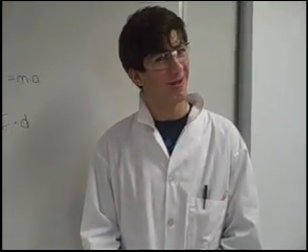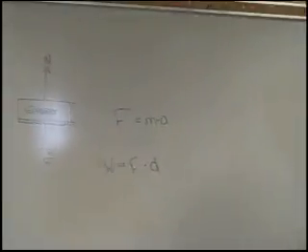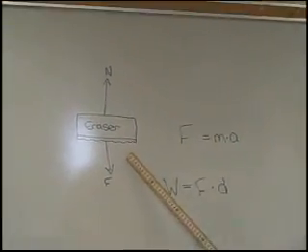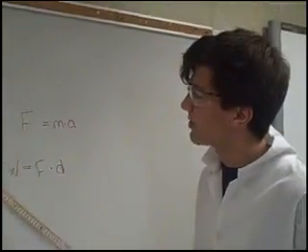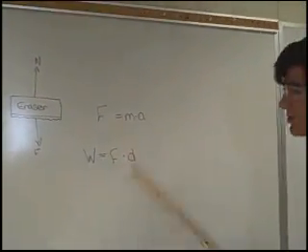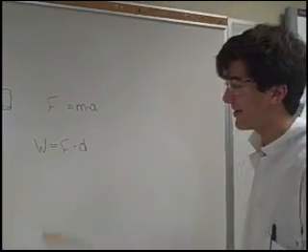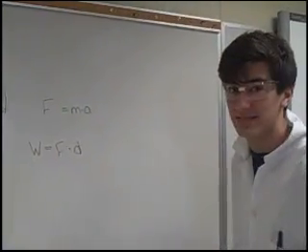Ah, work. I love work. Let's look at this diagram to figure out how we do this. In this free body diagram, we have the eraser. Force is equal to mass times acceleration, but work is force times distance.